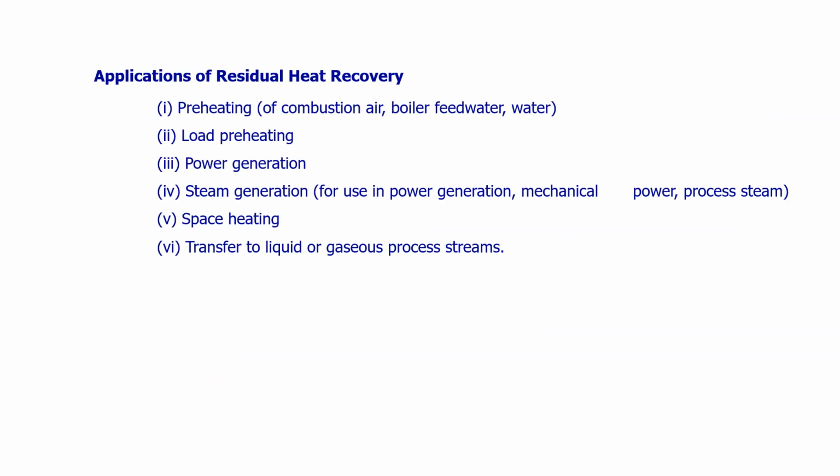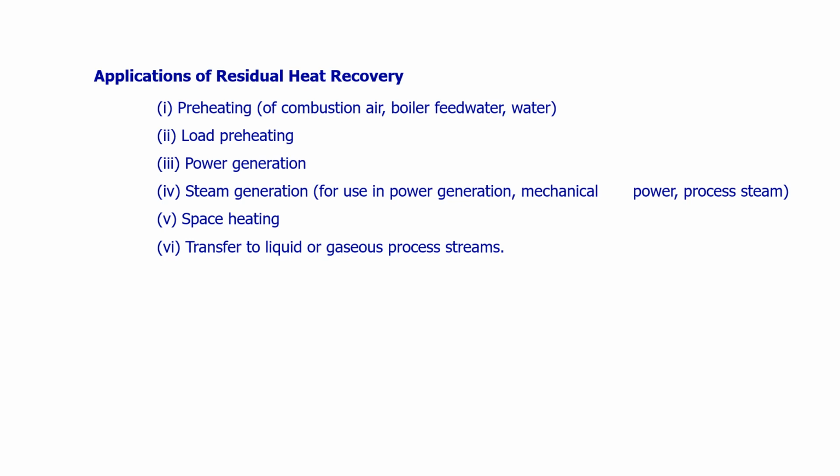Where can we apply this residual heat? Preheating: in IC engines we can recover some exhaust gas and utilize it to preheat the incoming air. In a boiler we can have feed water heating, that is an economizer, by recovering heat from the flue gases coming out of the boiler furnace, which otherwise go as waste to the atmosphere.